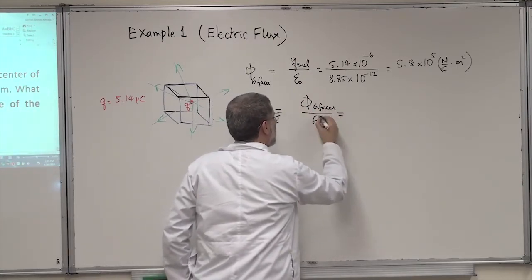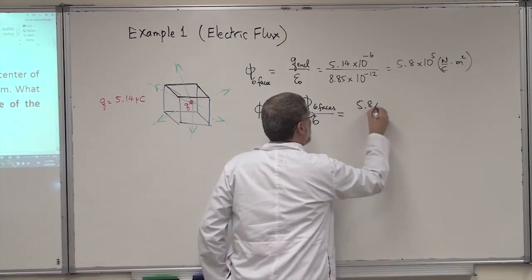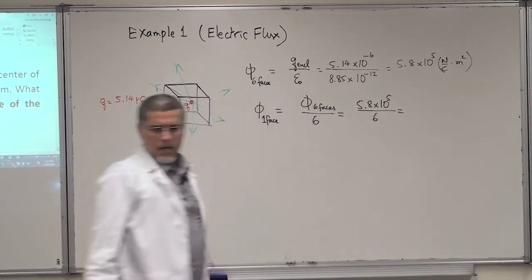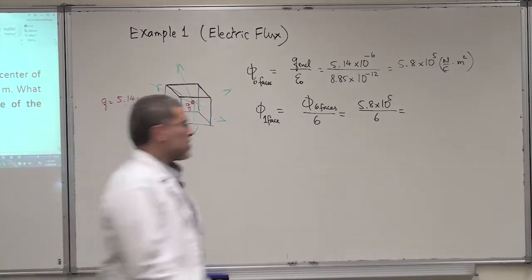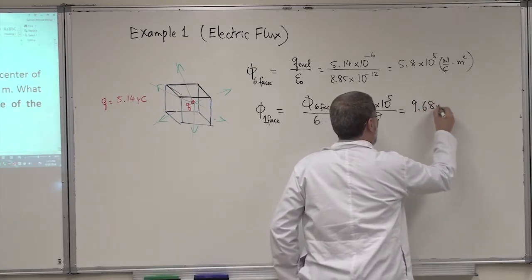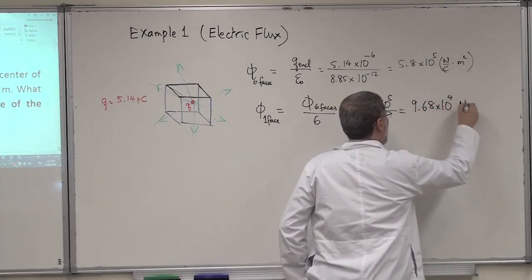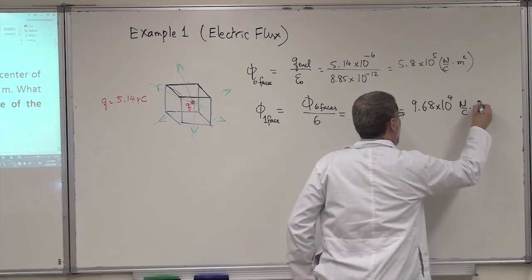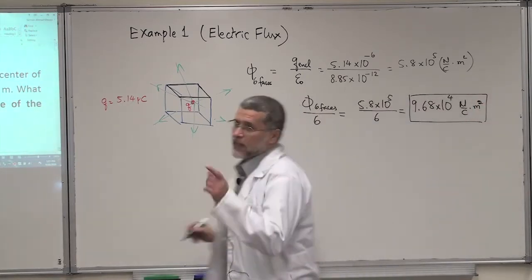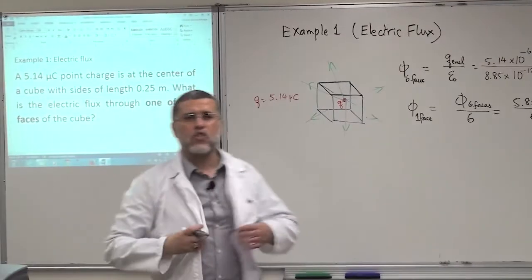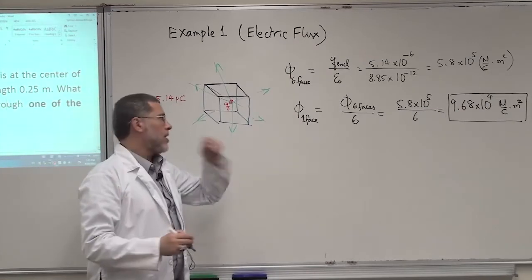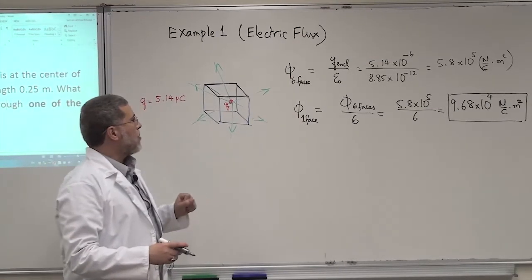I take 5.8 times 10 to the power 5 and divide it by 6 to get 9.68 times 10 to the power 4 Newton meter squared per coulomb. And this is the answer we are looking for, the flux through one face. Imagine he asks you about the flux through 2 faces, then you take this value and multiply by 2. This is how you would solve a problem like this.